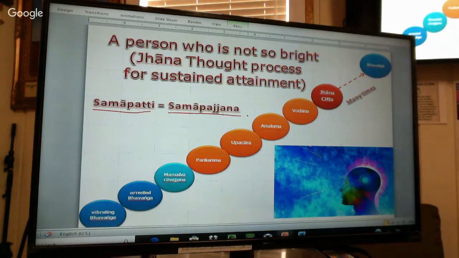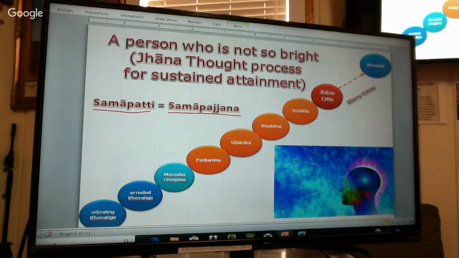There are 3 kinds of samapati we have. You need to understand: jhana samapati and phala samapati. Phala is fruition. That is for noble persons only, not a common person. A common person can attain only jhana samapati, not phala samapati.